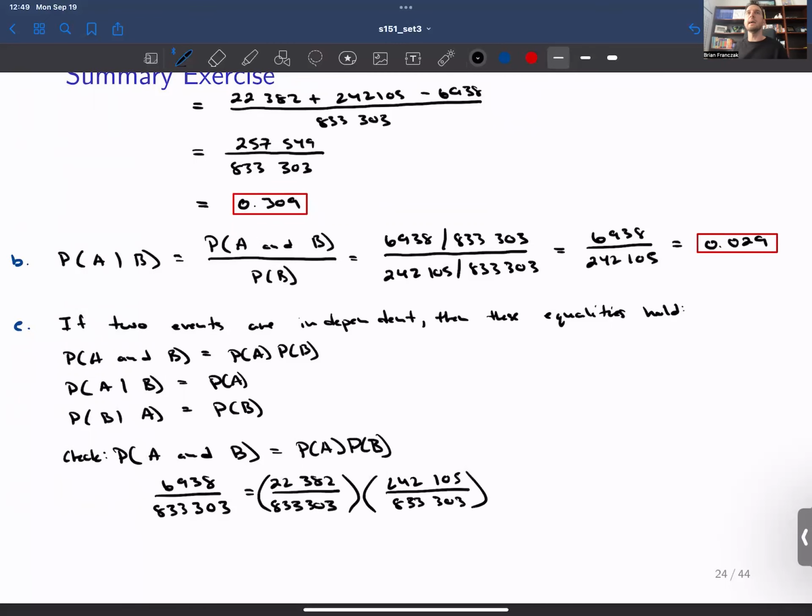Okay, so P of A and B is 0.008. And then P of A is 0.027. We're going to multiply this by 0.291.